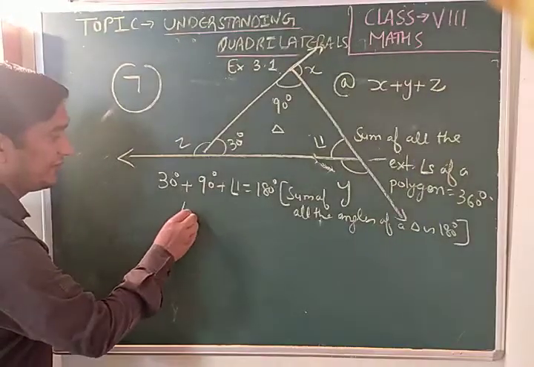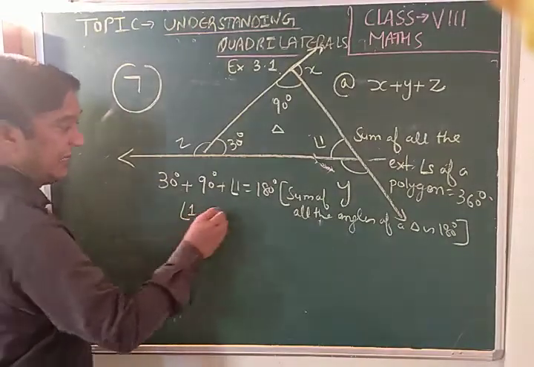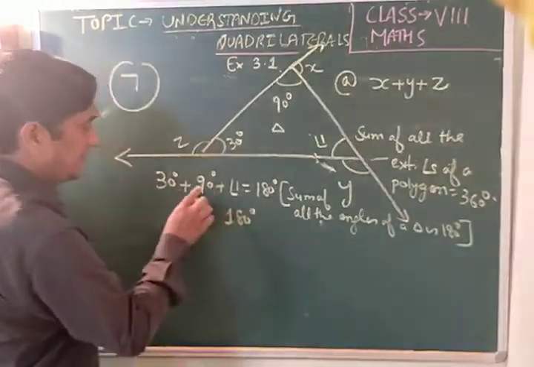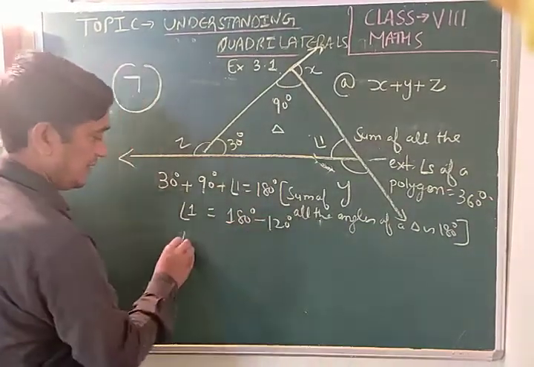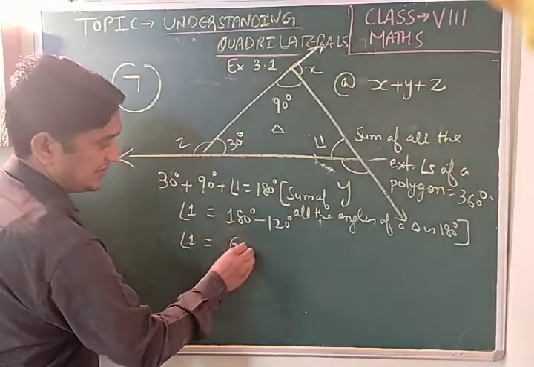So the value of 1 we can find like this: 90 and 30 make 120. Angle 1 is 60 degree.